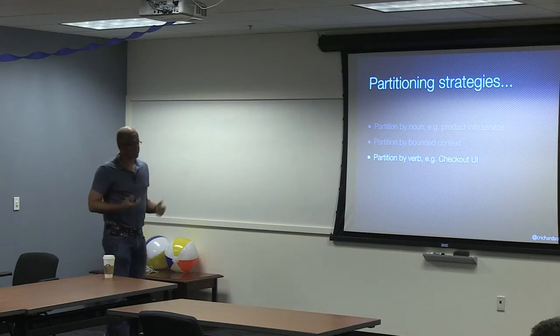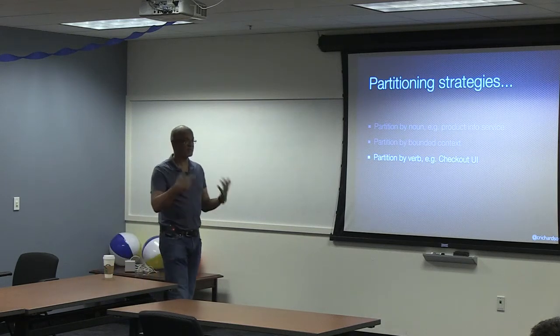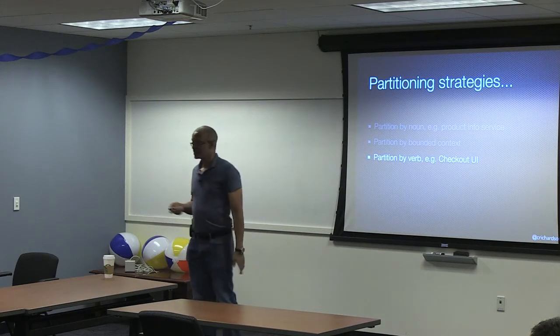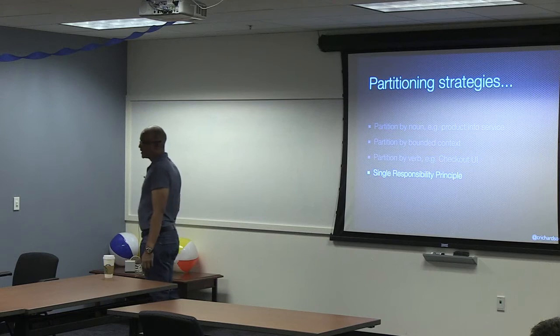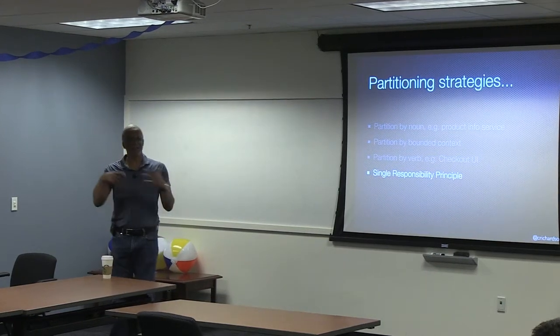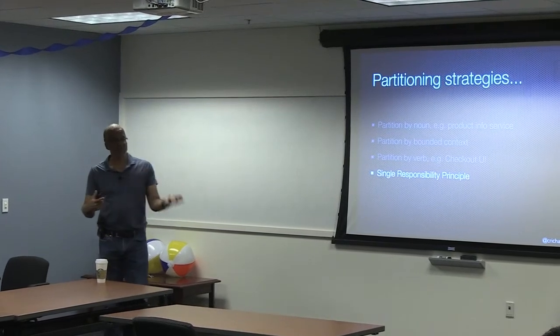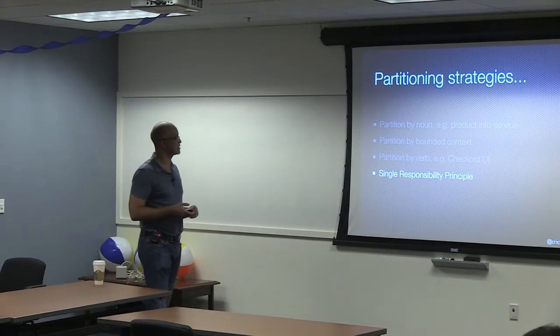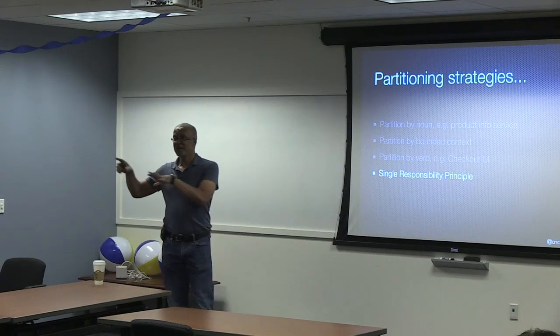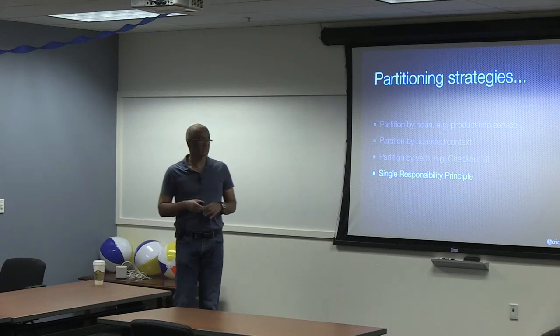Then we could partition by verb, so we have a service responsible for a particular task, like checkout. There are some other guidelines we could follow. In object-oriented design, there's the single responsibility principle, which says a class should only have one reason for change. In other words, one responsibility. We could apply that model to services as well.